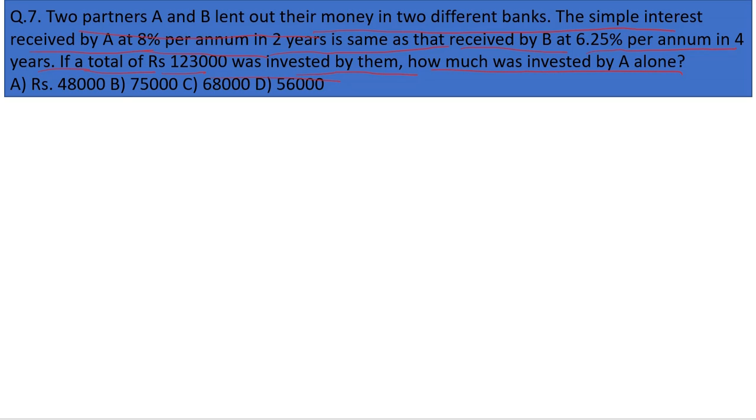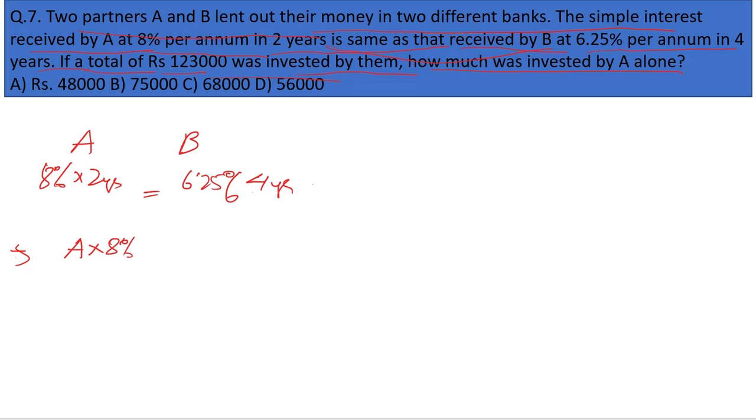Here we have two partners A and B. A is at 8% and the other is 6.25%. A is for 2 years and B is for 4 years. Here the simple interest is the same as that received by B. So the simple interest of both of them is equal. So simple interest is A into 8% into 2 years is equal to B into 6.25% into 4 years.